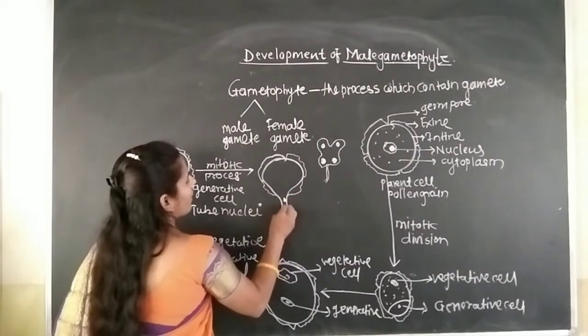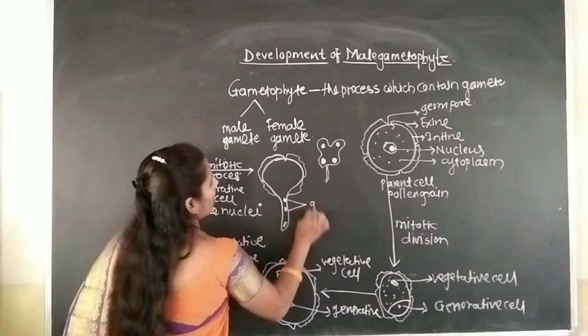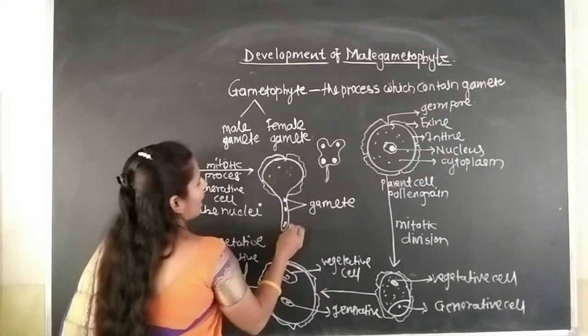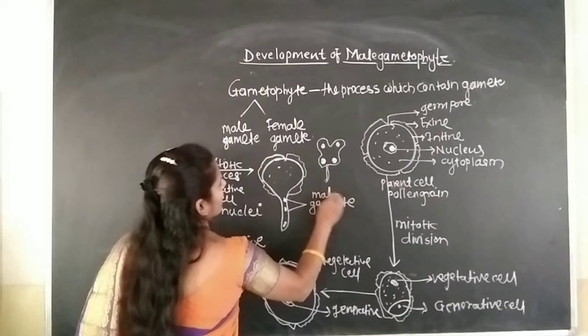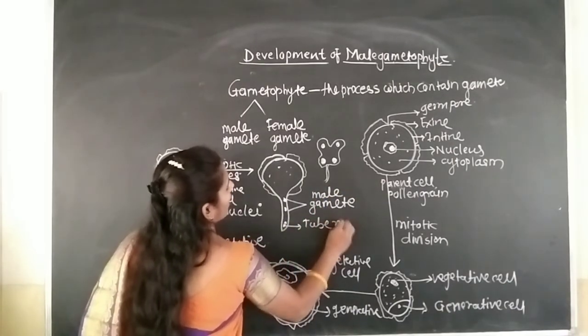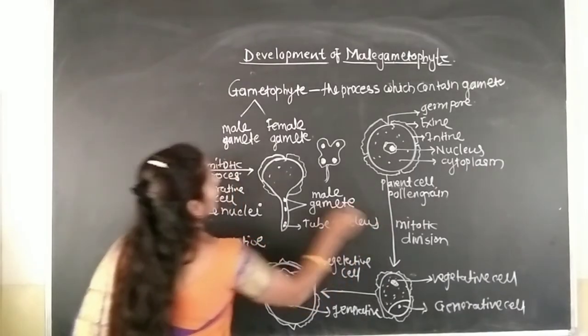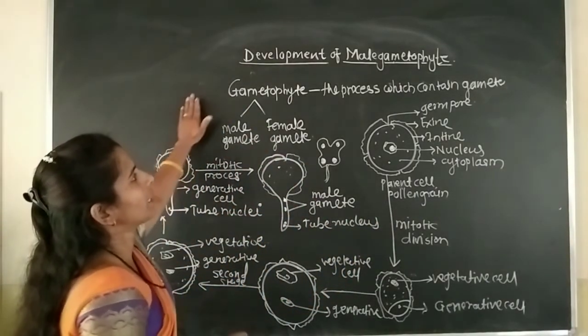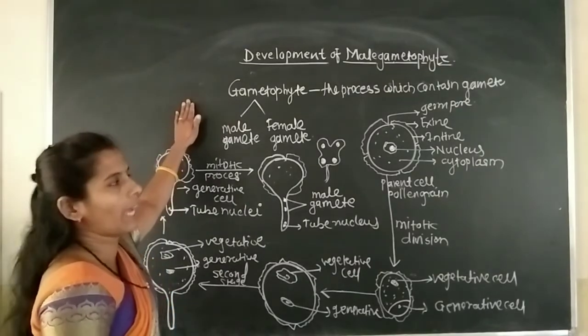That is, it is divided and gametes are formed, and these are also called male gametes, and this is the tube nucleus. Therefore, the formation from pollen grain to pollen tube and male gametes is called the male gametophyte.